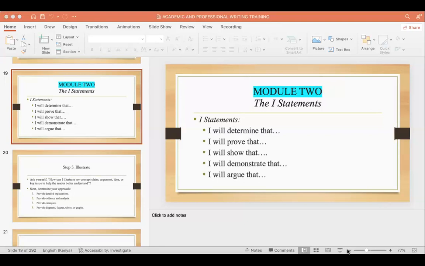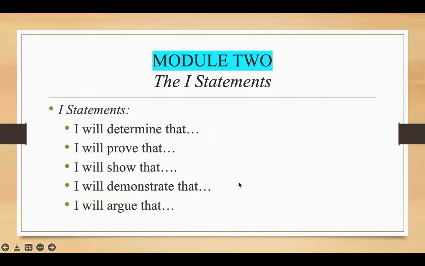Okay, good. Is this the place we stopped last week? Did we do an introduction to this? The I statements in writing? Eunice, anyone, Tafadhali, just remind me. No, we did not.